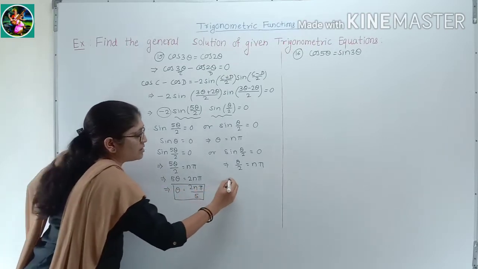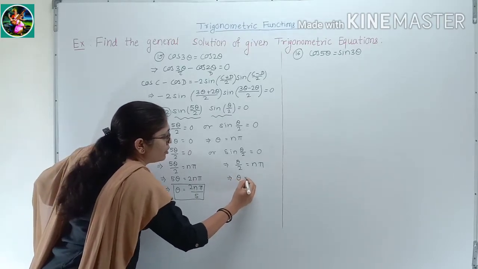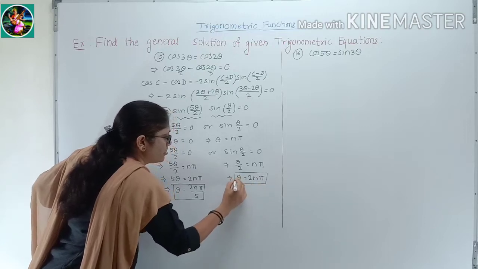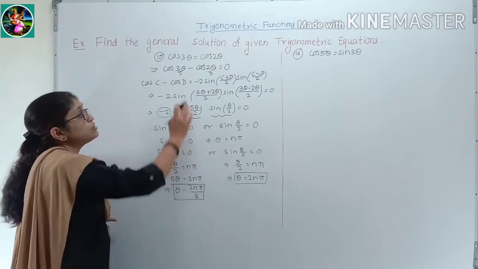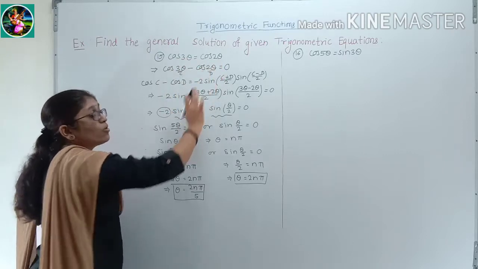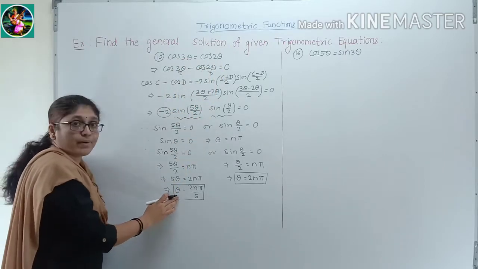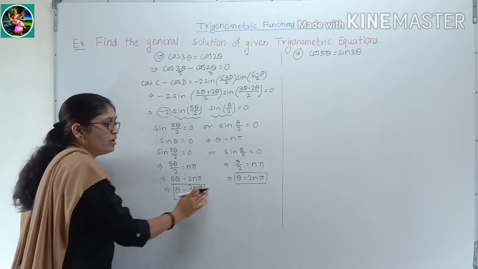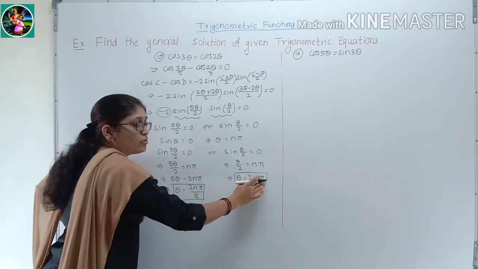And here theta is equal to 2n pi. In that way we get the two solutions, that cos of 3 theta is equal to cos of 2 theta implies theta is equal to 2n pi divided by 5 or theta is equal to 2n pi.